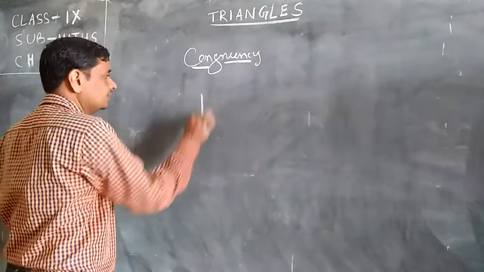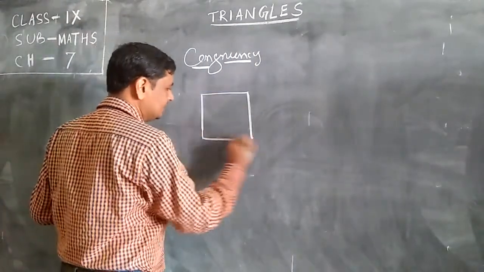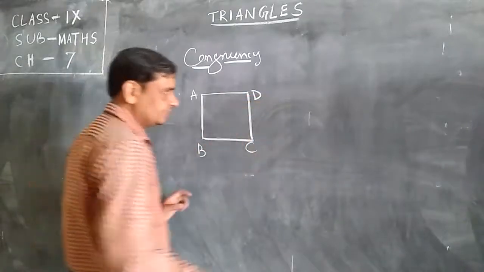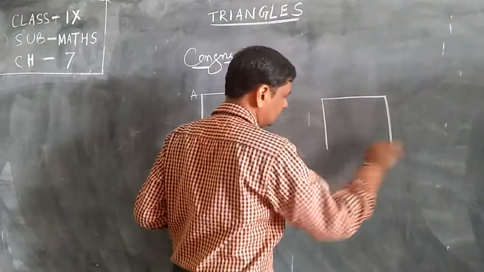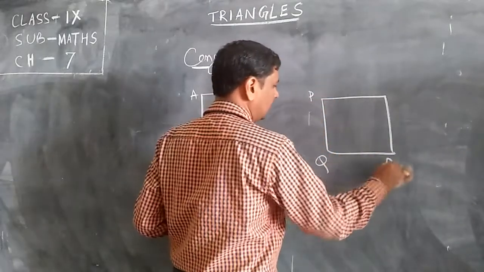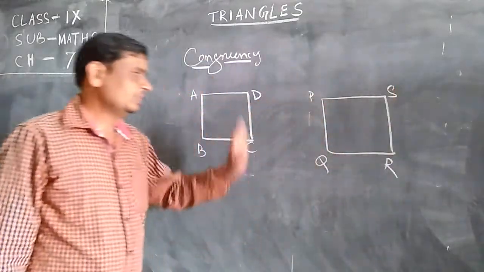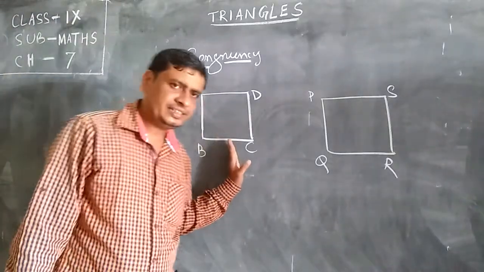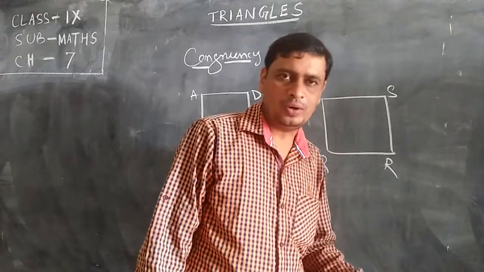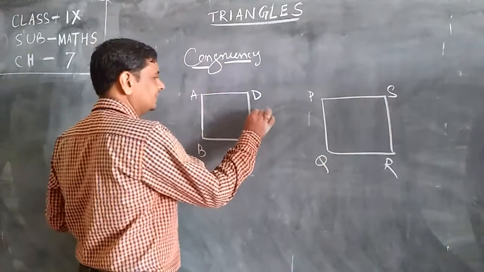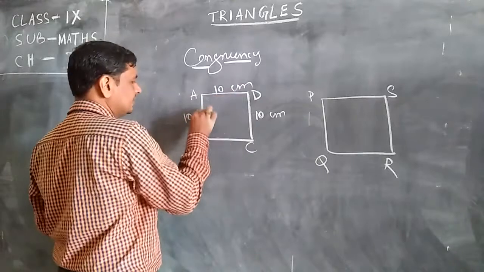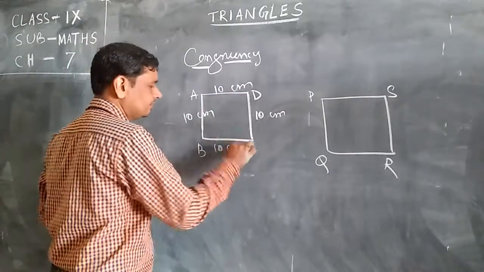Let this be square ABCD, and another square PQRS. If the sides of square ABCD and the sides of square PQRS are equal, let all be 10 cm: 10 cm, 10 cm, 10 cm.